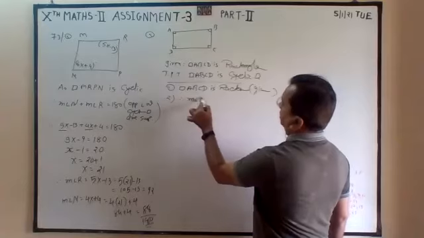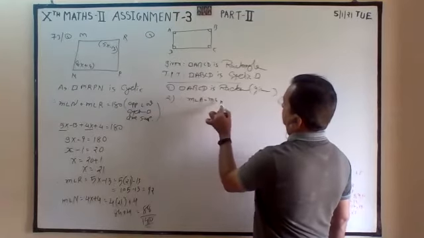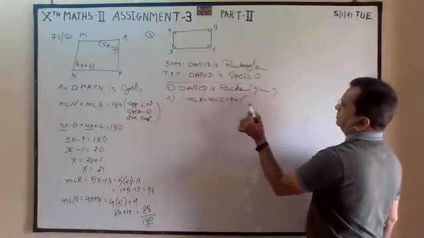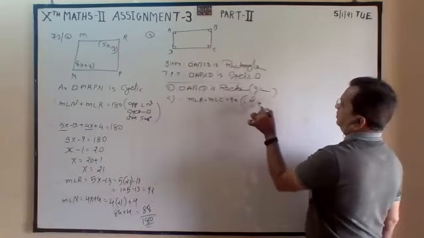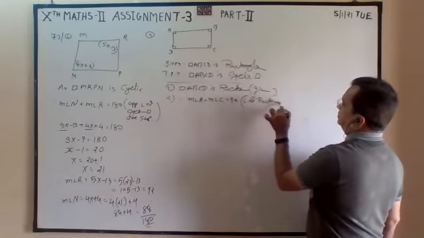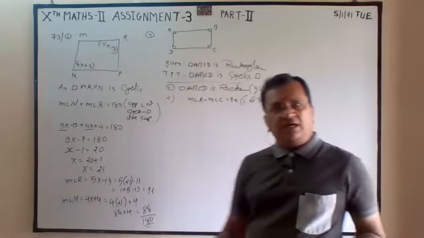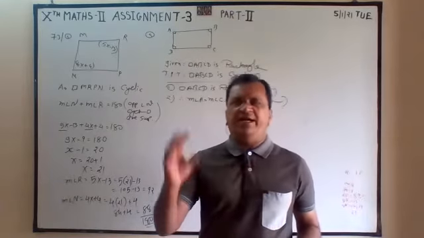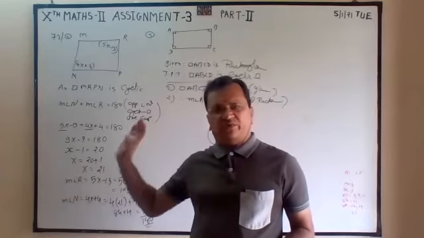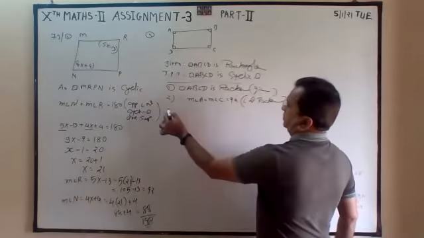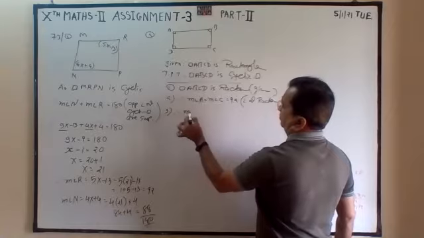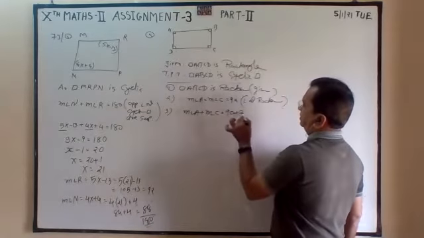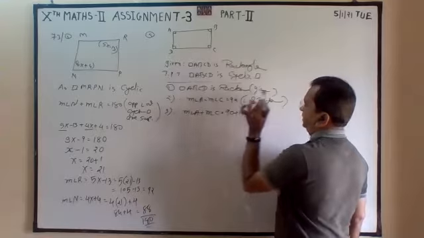Therefore, measure angle A is equal to measure angle C is equal to 90, angles of a rectangle. All angles of a rectangle or all angles of a square are always 90. So that is the same for the square or rectangle. Therefore, measure angle A plus measure angle C is equal to 90 plus 90, which is 180.